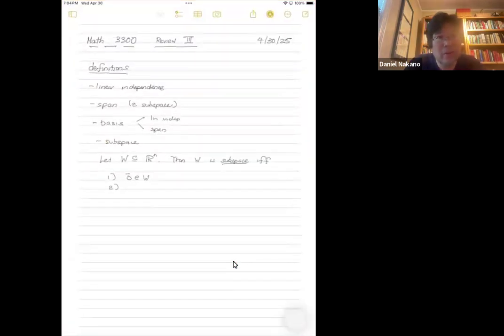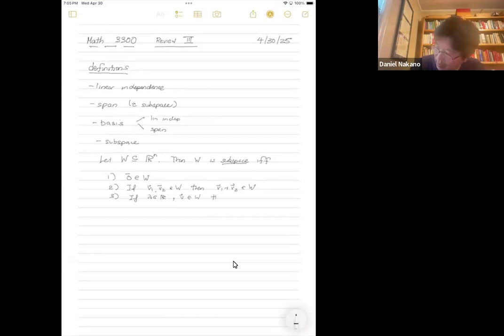What else has to be true? Well, if I take two things in W, then their sum has to be in W. And then three, if we have a scalar and a vector in W, then the scalar times the vector has to be in W. Okay, so in other words, a subspace is basically closed under vector addition and also scalar multiplication.